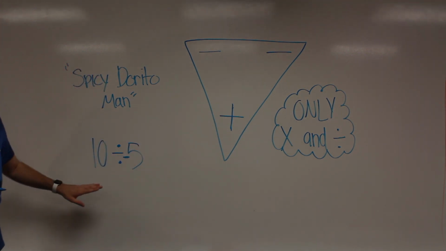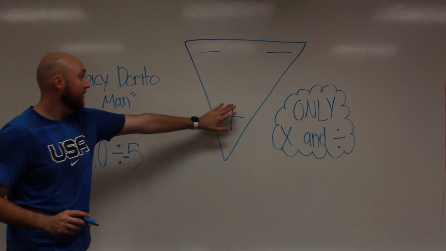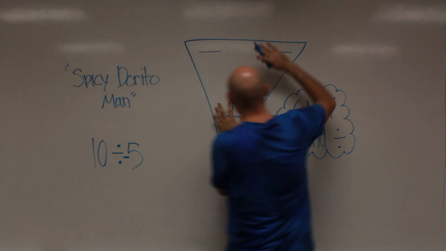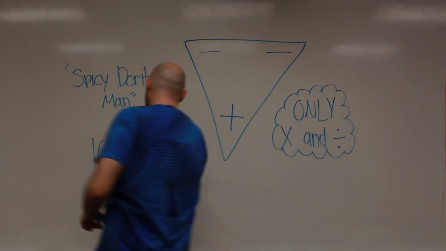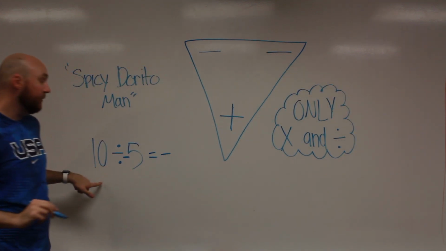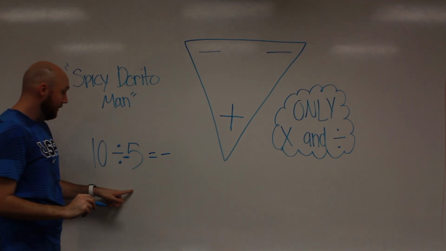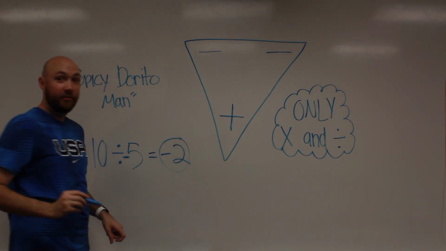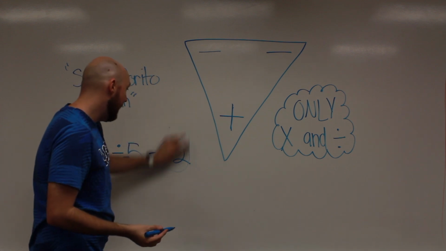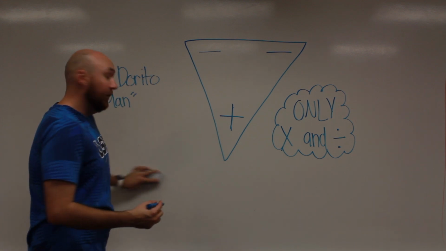My 10 is positive, my 5 is negative. So my answer is going to be negative. If we're not looking at the sign, what is 10 divided by 5? It is 2. Answer is negative 2.